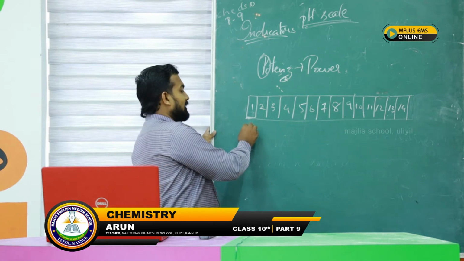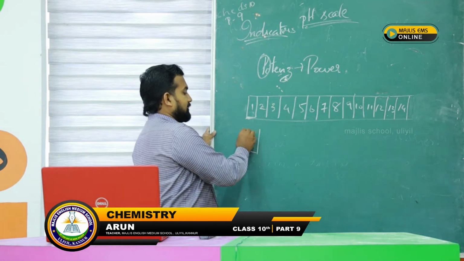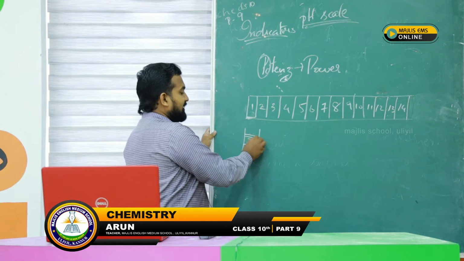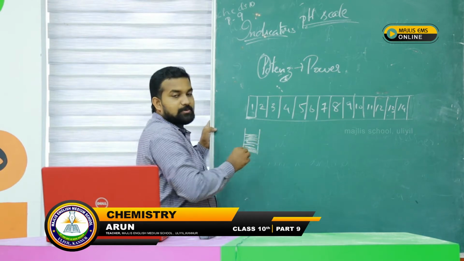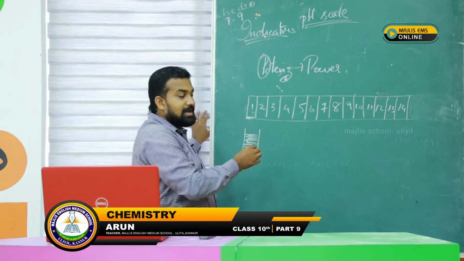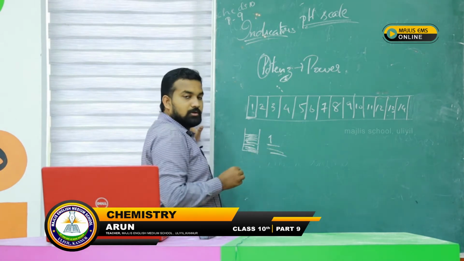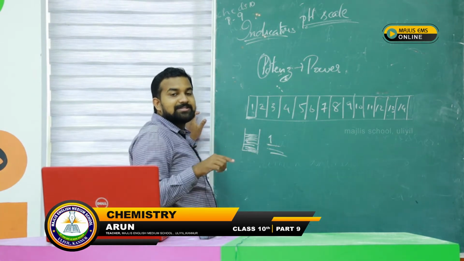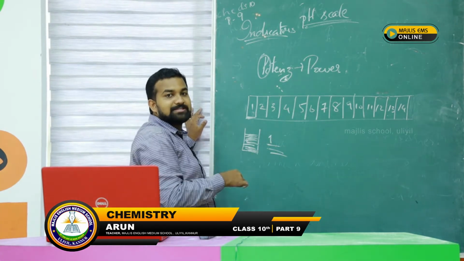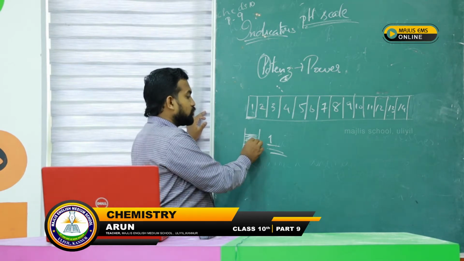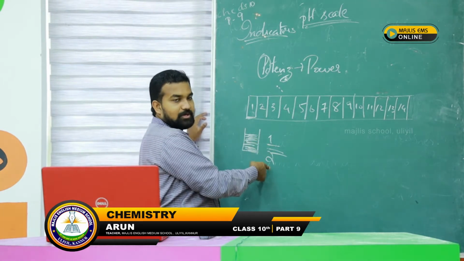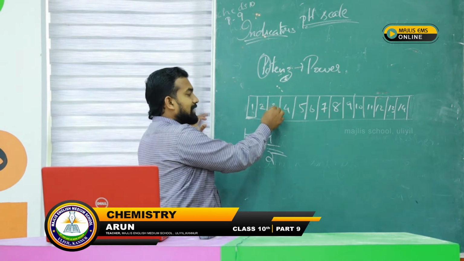If we check the pH measurement of any substance and it is shown as 1, we can understand that the hydrogen ion concentration is more in that substance, and if it is measured 2, then it will be less than 1. So 3, it is again less than 2.